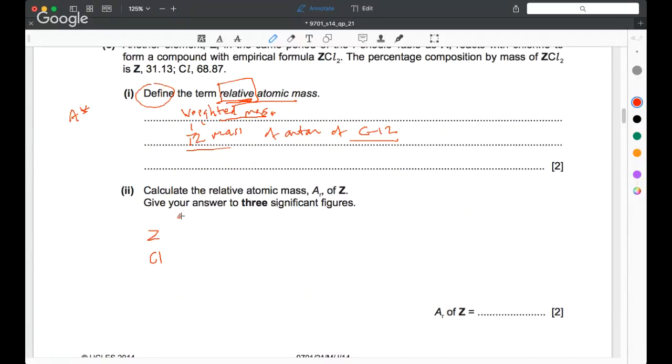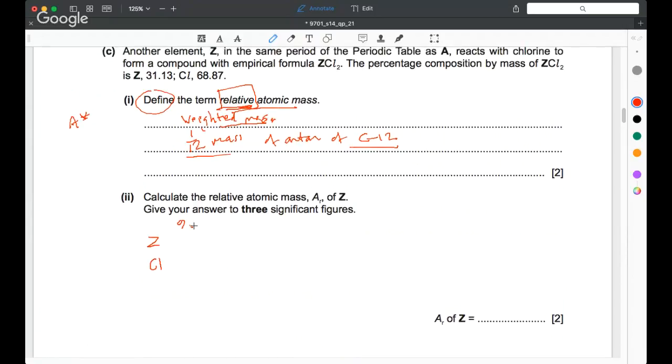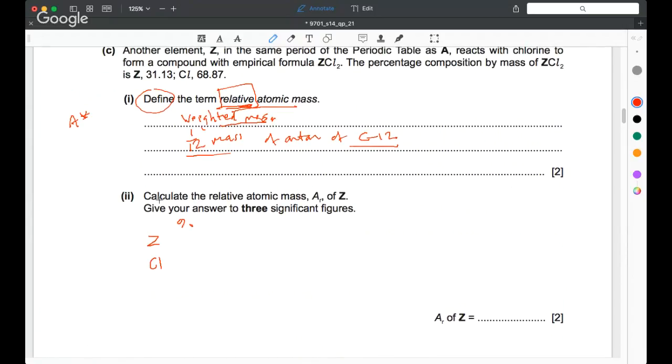And it's told you in the question that the percentage by mass is 31.13 for this unknown atom. And for chlorine, it's 68.87. Okay, we had those values up here, didn't we? There they are.